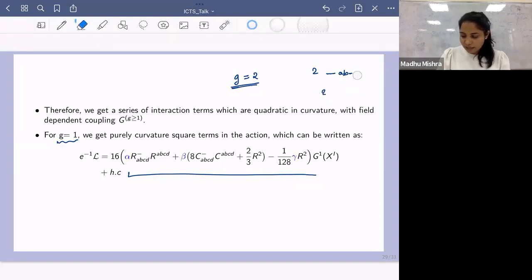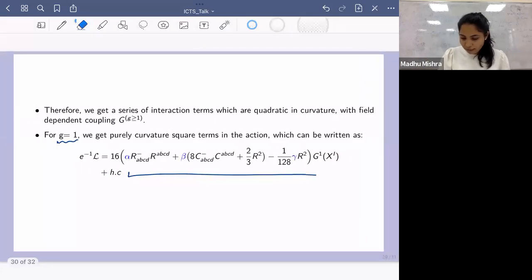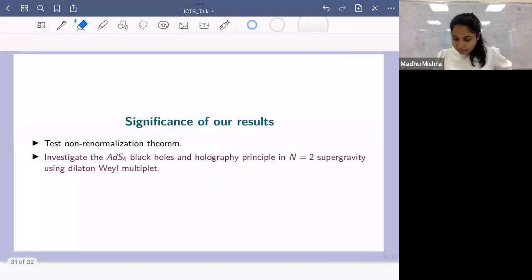So this is the action that we obtained, and by arbitrarily tuning this alpha, beta, and gamma, you can get whatever action you want. You can choose it by just tuning alpha, beta, and gamma. So the significance of our result is that we want to test the non-renormalization theorem, which Ashok mentioned.